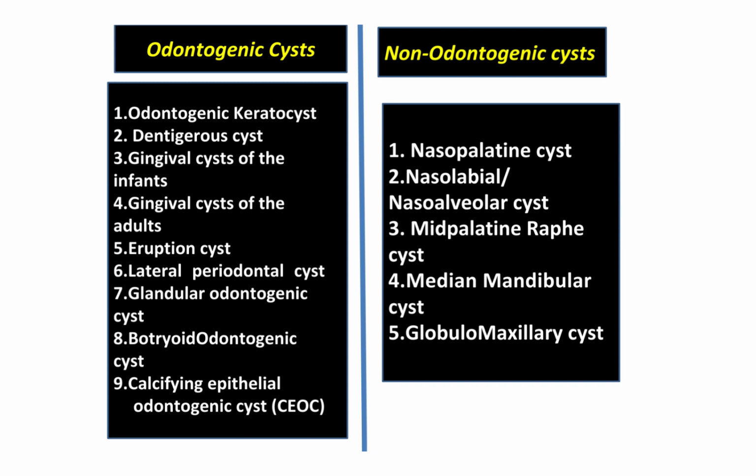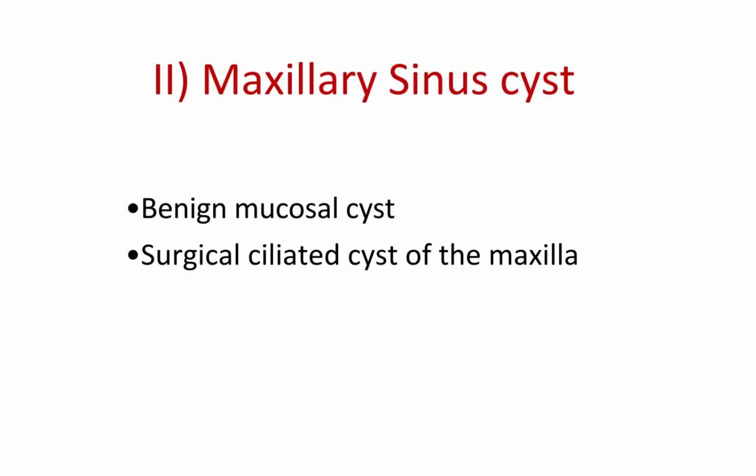Under non-odontogenic cysts, we have nasopalatine cyst, nasolabial or nasoalveolar cyst, mid-palatine raphe cyst, median mandibular cyst, and globulomaxillary cyst. Under maxillary sinus cyst, we have benign mucosal cyst and surgical ciliated cyst of the maxilla.